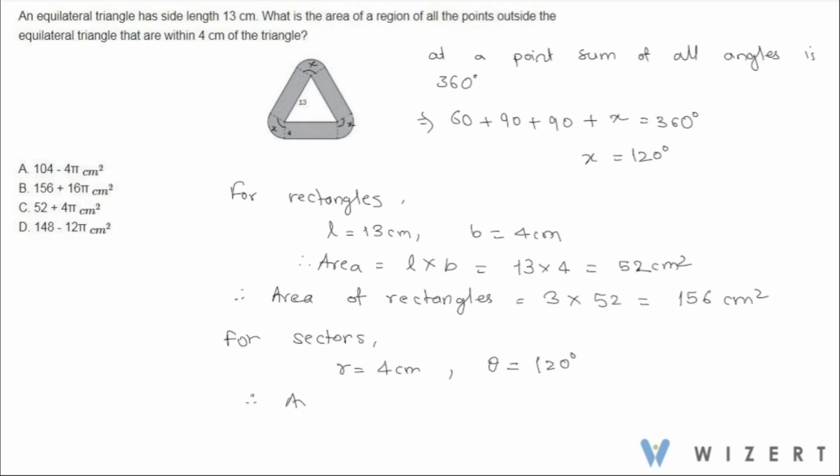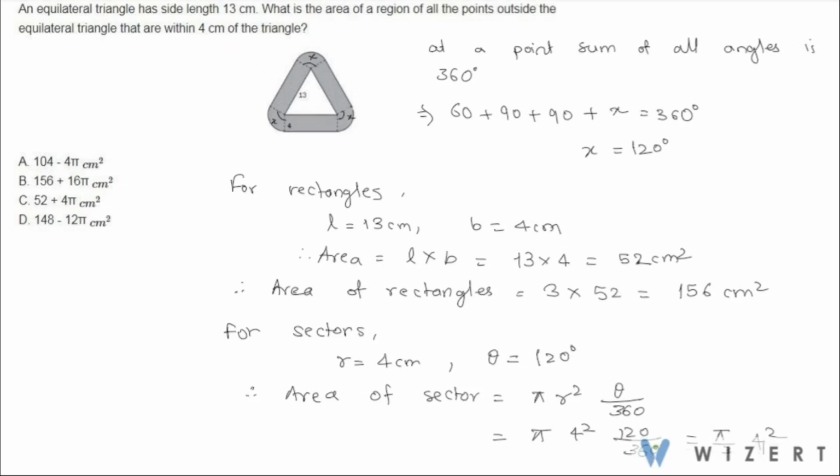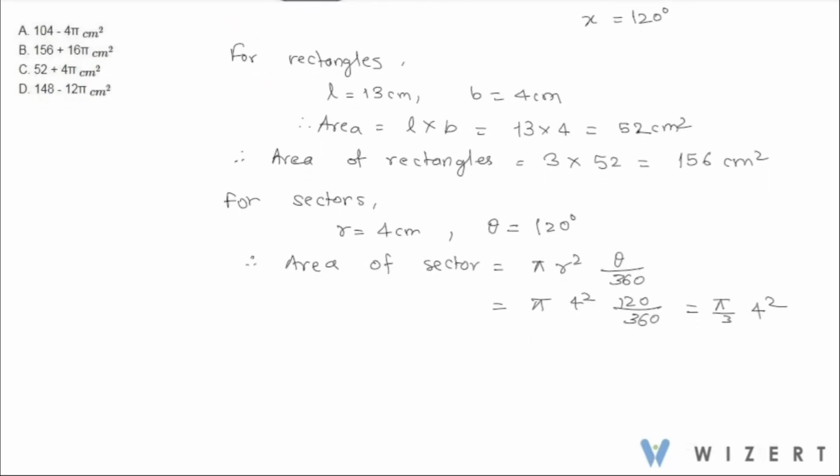Therefore, we know area of sector is equal to pi r square theta by 360, which will be pi 4 square 120 by 360. Now this is 1 by 3, so we get pi by 3 4 square. Now there are 3 such sectors.